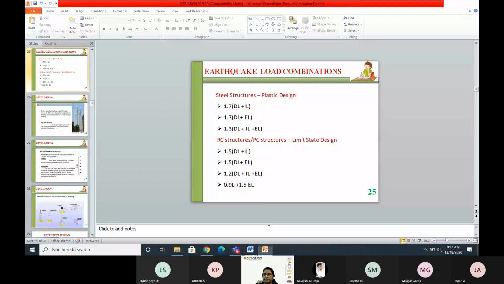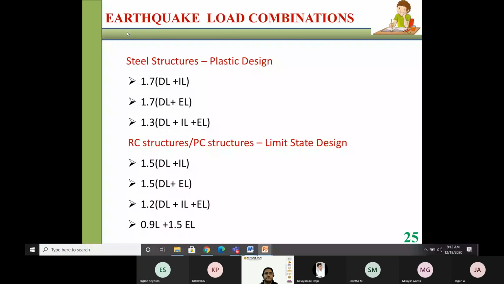Based on your IS 1893, 2002 as well as 2016, there are some load combinations given here. This is the limit state design for RC structures. If it is a steel structure and you have to do plastic analysis, then one of the load combinations given in the IS code is 1.7 multiplied by dead load plus imposed load.